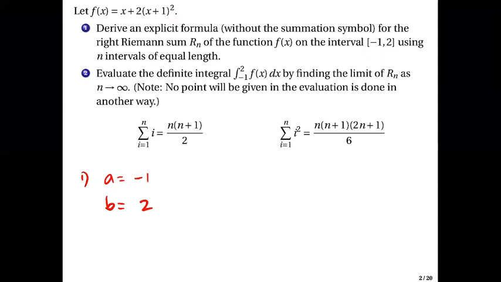And therefore, if we want the subdivision of the interval into n subintervals of equal length, then we will have delta x equal to (b minus a) over n. So this is 2 minus -1 over n, and this is just 3 over n.